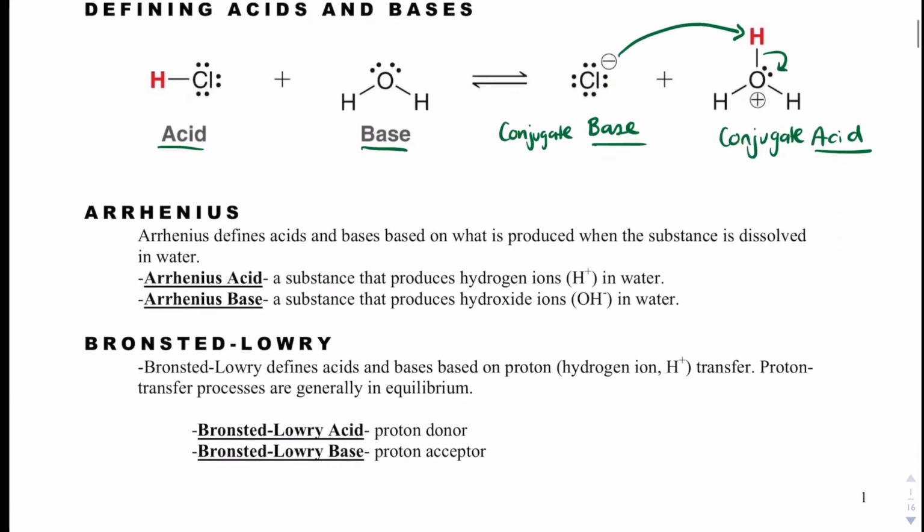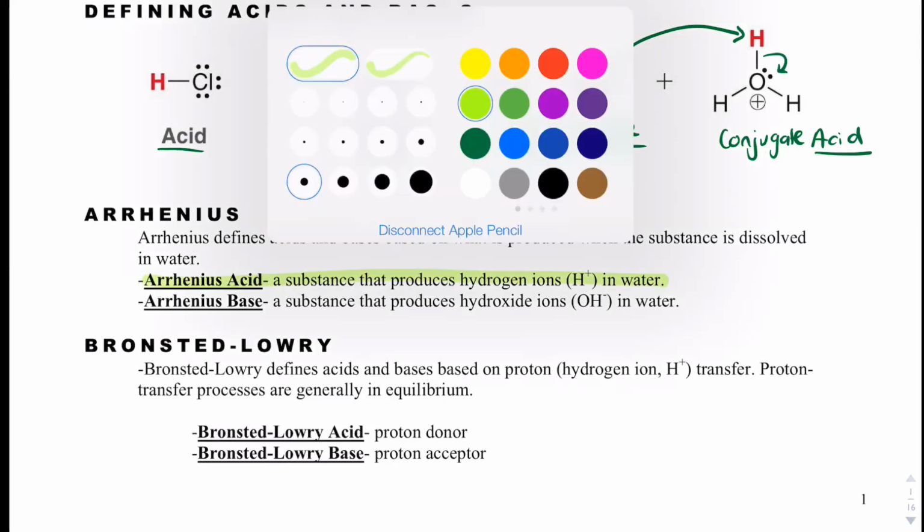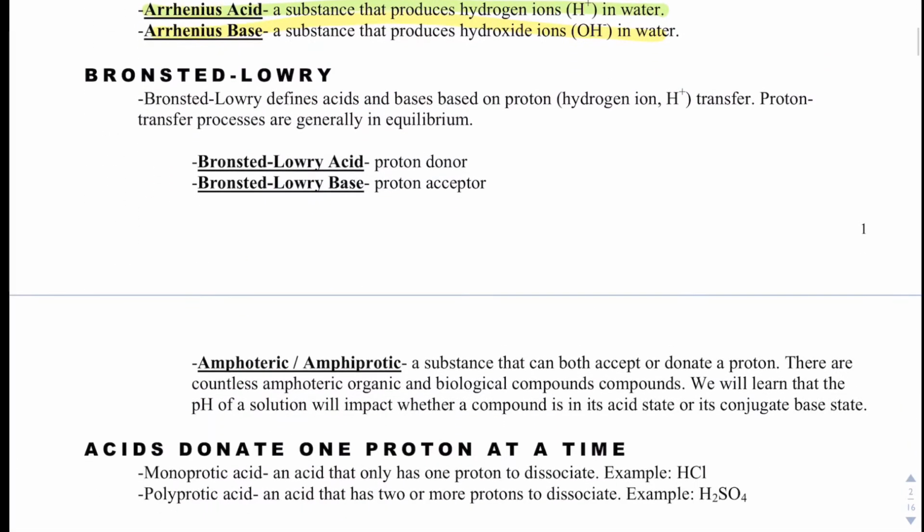Okay, so by definition, an Arrhenius acid is a substance that produces H plus in water, where an Arrhenius base would be something that produces hydroxide ions in water. The most common definition that we're going to use is dealing with Bronsted-Lowry, and that states that acids are proton donors, where bases are proton acceptors.